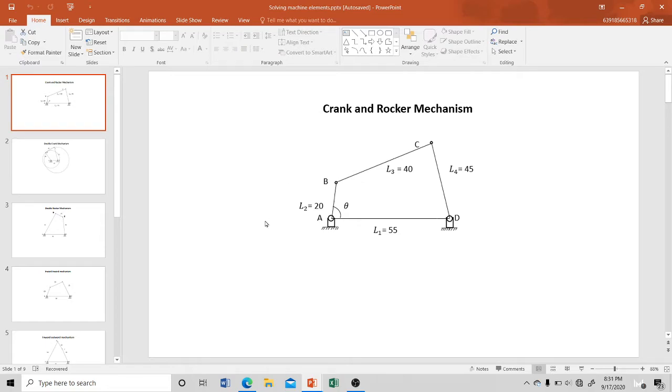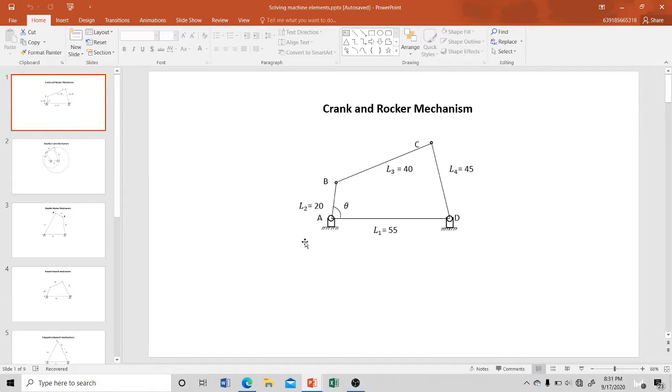And what do we mean by a rocker? A rocker is a lever that can only oscillate between limit positions and is not capable of continuous rotation. So our rocker is the follower link, with a limited position. It oscillates through the motion of the input link.